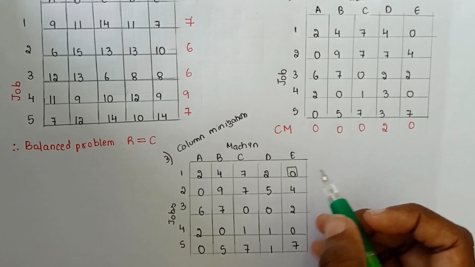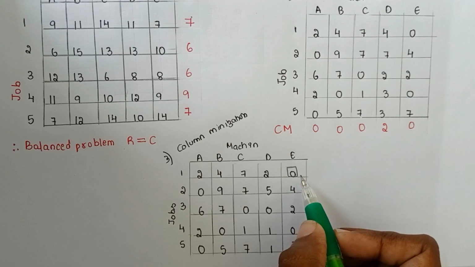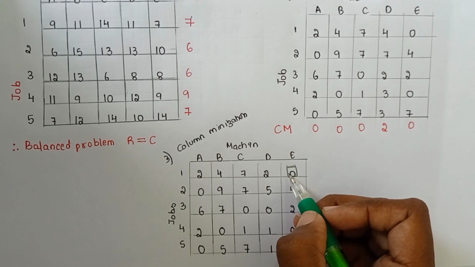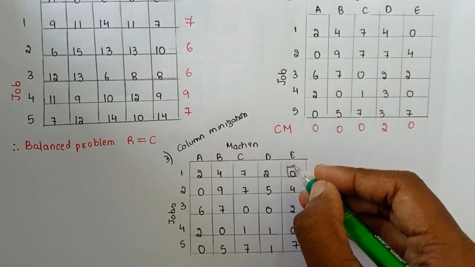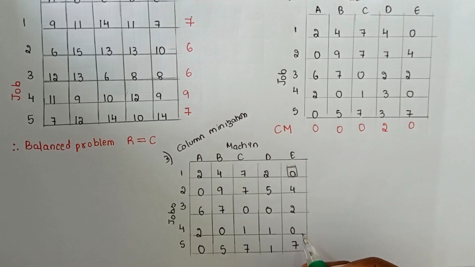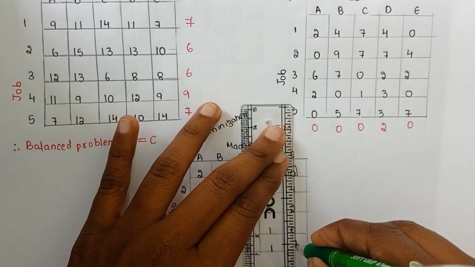I will explain again. In this row, we have one 0 value, so we have marked it. After marking that, we have to deduct that particular column. For a row, we have to deduct the column where we have got 0. Okay, I will strike off that.